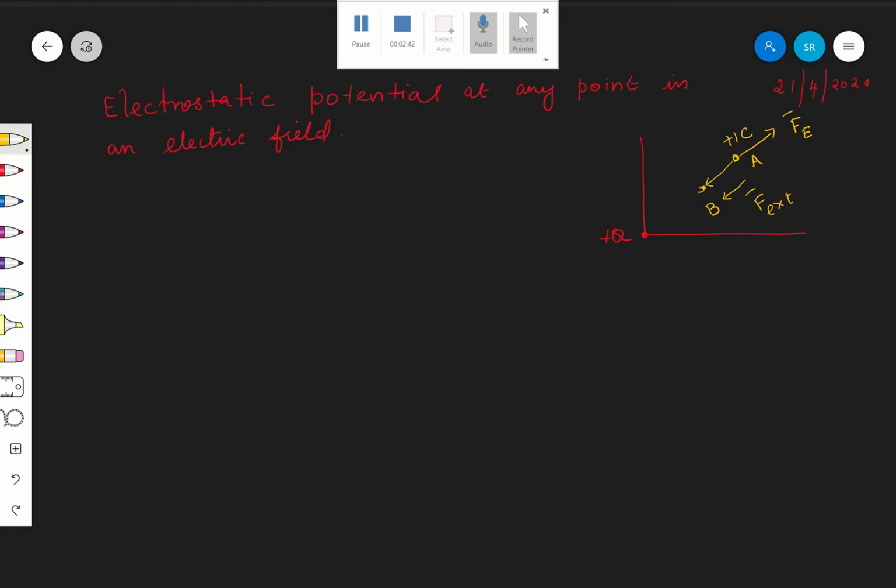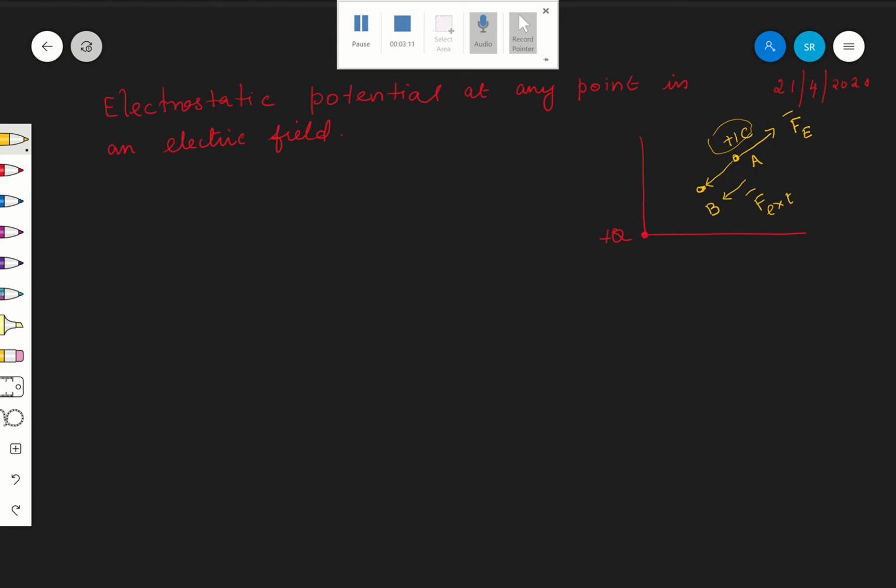Here, these are the 2 points A and B. I want the electric potential difference between any 2 points in an electric field. The amount of work done by the external force in moving a unit positive charge from one point to another without acceleration. Are you following?